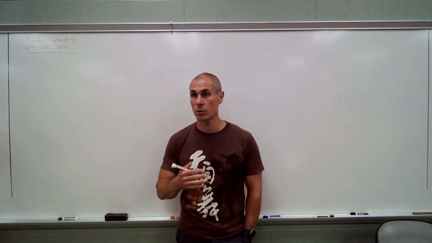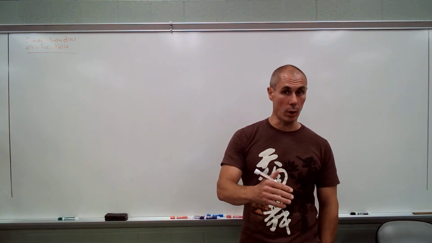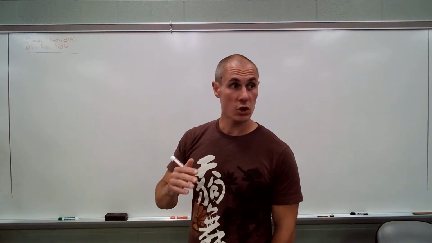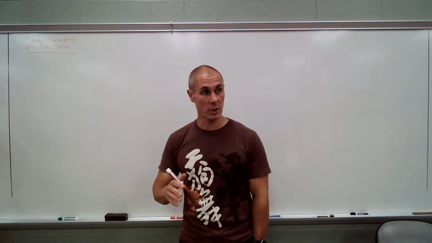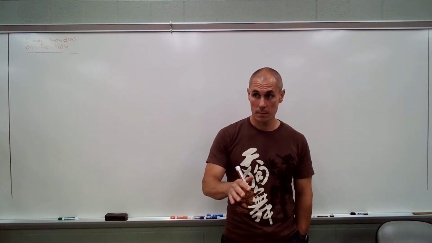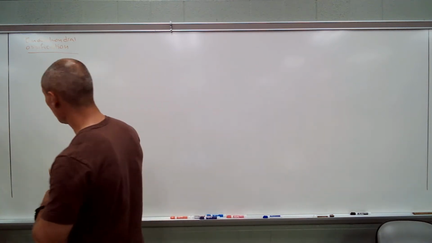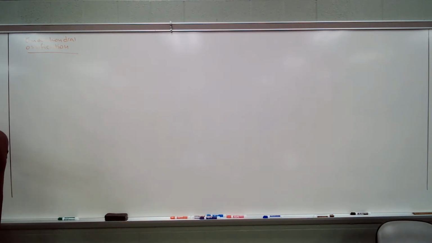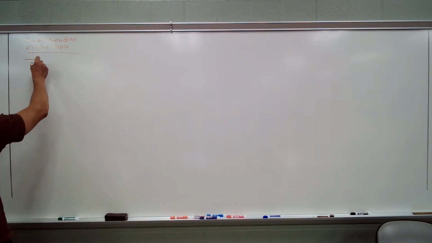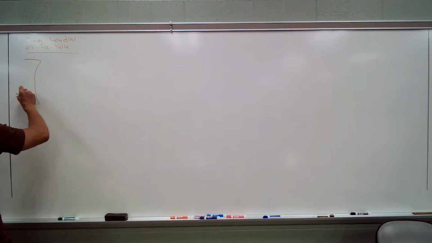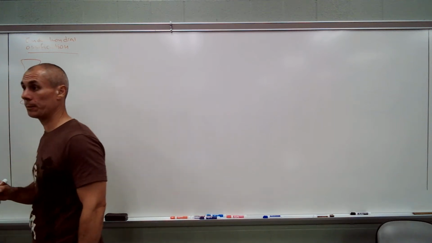Does that make sense? So the fetus doesn't have any bones yet, just cartilage. Okay? You with me? Now, as an example, we're going to use kind of a long bone. Okay?